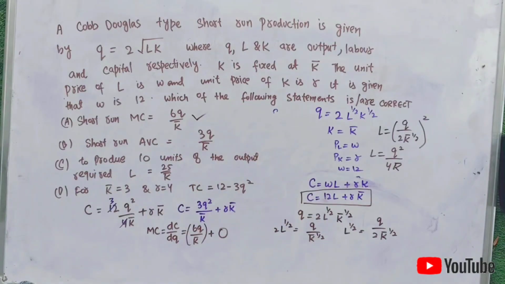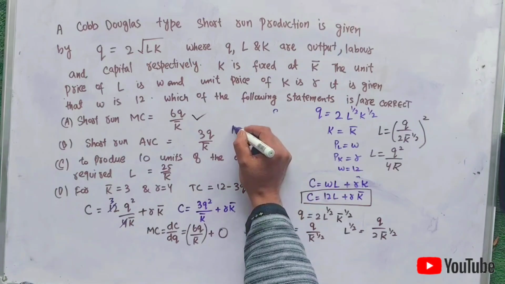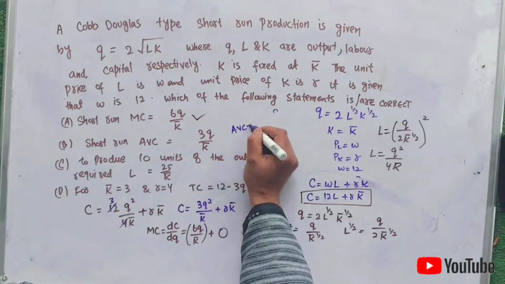Now what about short-run average cost? Since this is total cost, what will be the average cost? Rather, average variable cost.